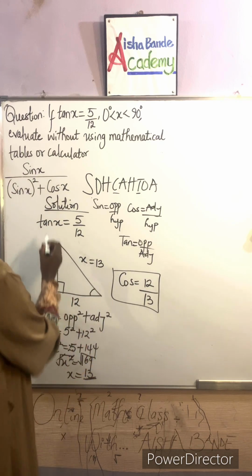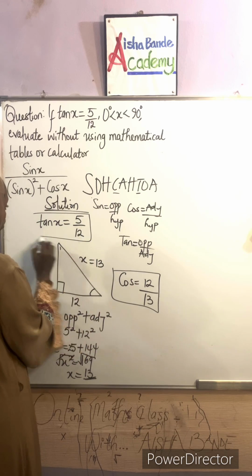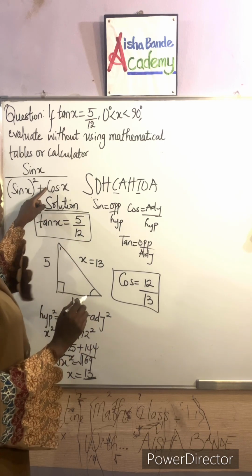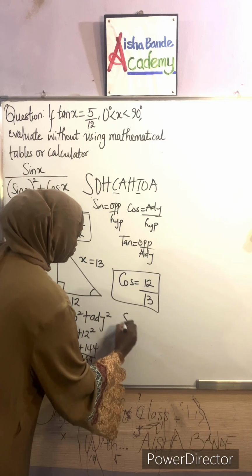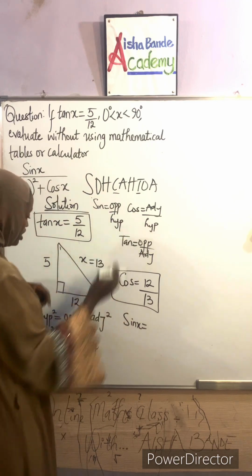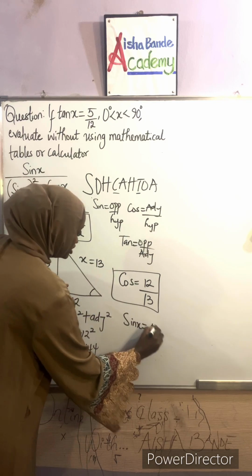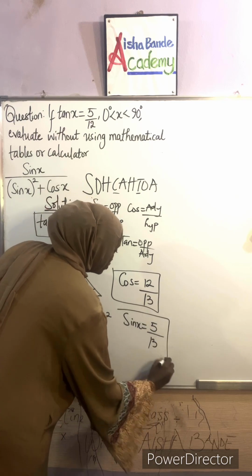And from the question, we already have the value of tan, which is 5 over 12. So now we also need the value for sine x. Sine is opposite over hypotenuse, and opposite here is 5 all over hypotenuse, which is 13. So we have the three parameters.